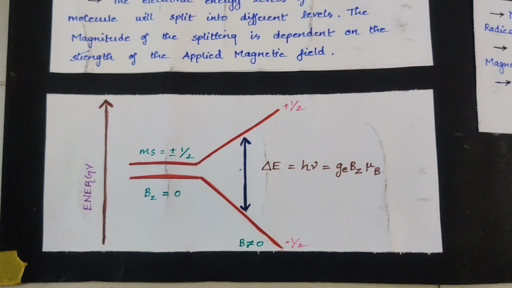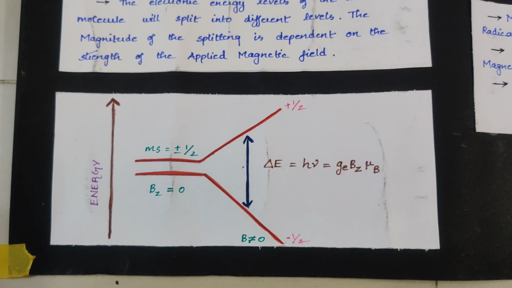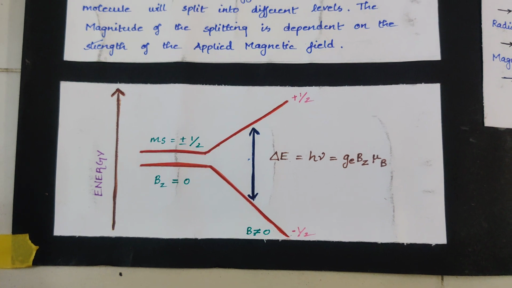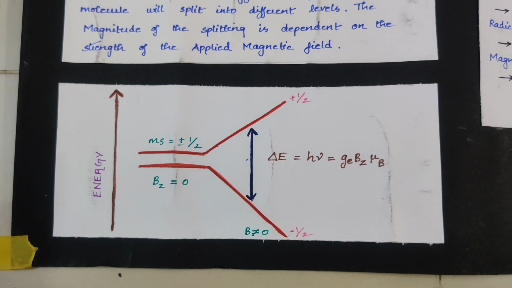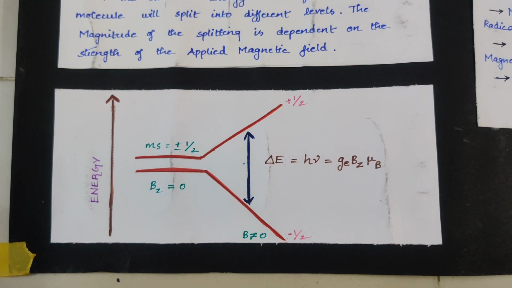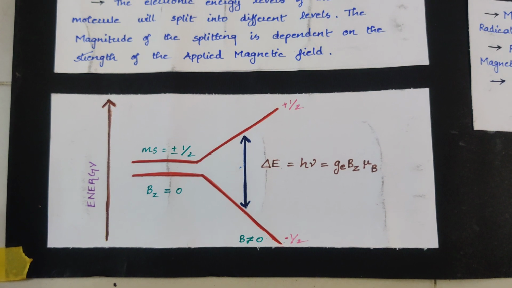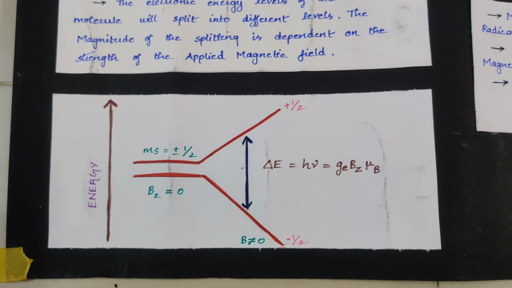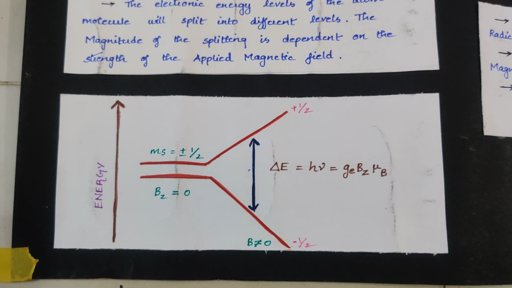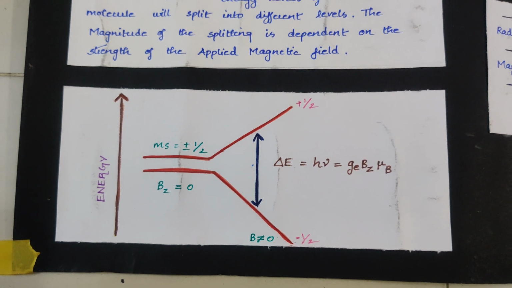The Bohr magneton is nothing but the strength of the magnetic moment for a particular electron spin. And h is Planck's constant here. Nu is frequency, and g is the Landé splitting factor, which can also be called the spectroscopic splitting factor. We'll see about this later.